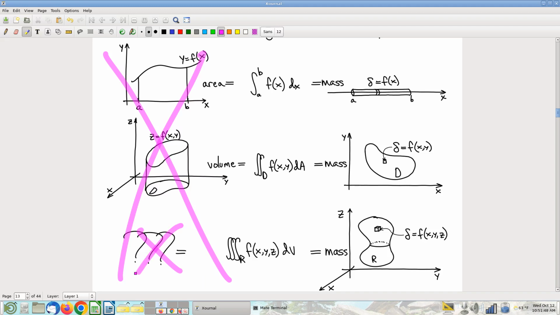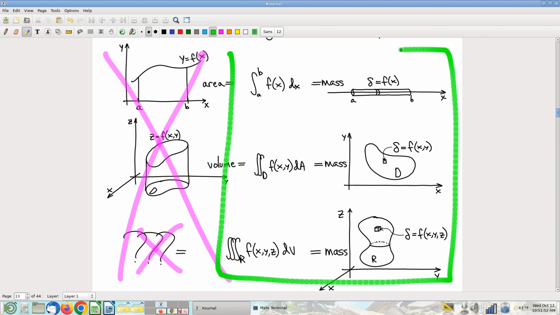So I encourage that you think about integrals not only from a Riemann sum point of view, but if you want a physical, intuitive way of thinking about it, I encourage you toward the mass point of view. Mass is distributed across an interval. Fine. If it's distributed across an area, cool.